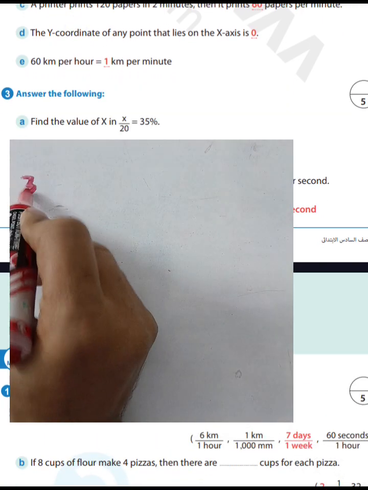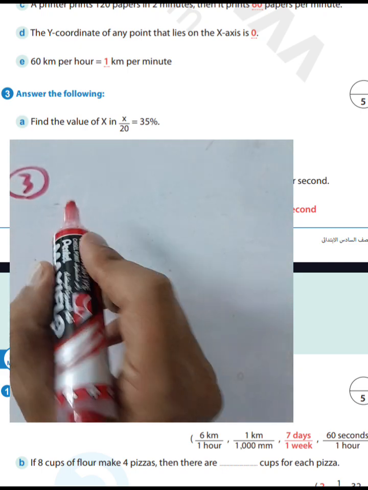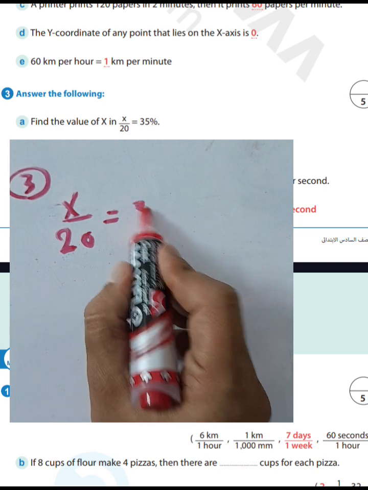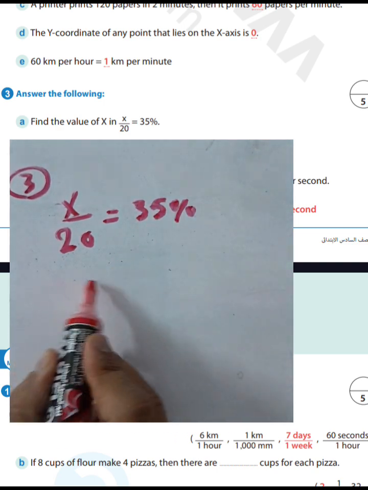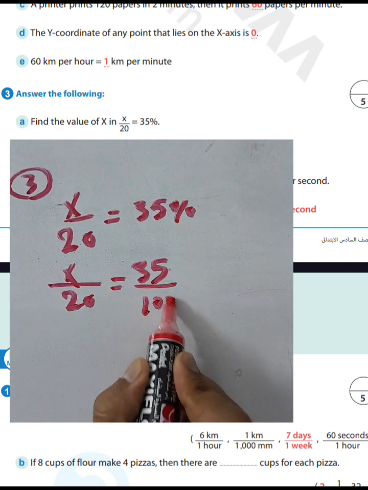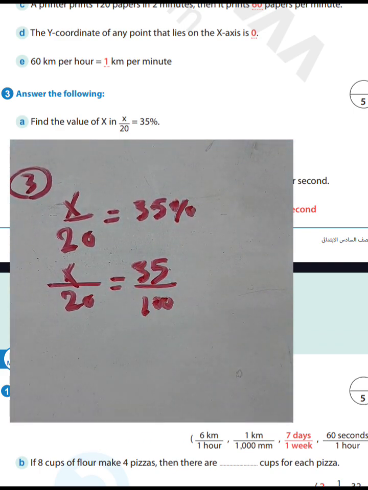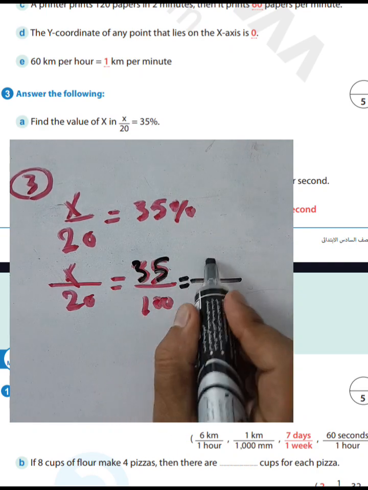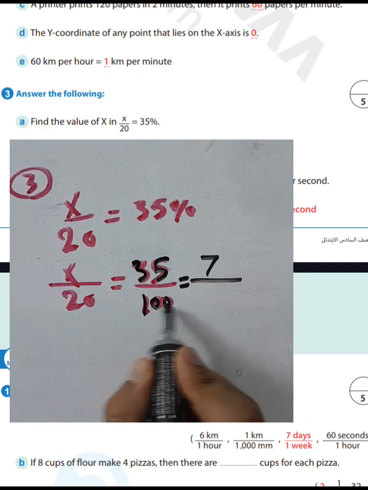Question number 3. Find the value of x in x over 20 equals 35%. We can write x over 20 equivalent to 35 over 100. You can simplify this fraction by dividing numerator and denominator by 5. 35 divided by 5 equals 7, and 100 divided by 5 equals 20.